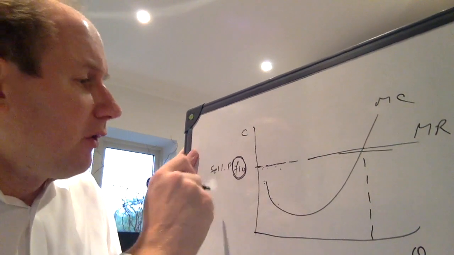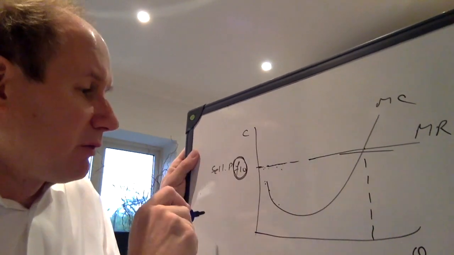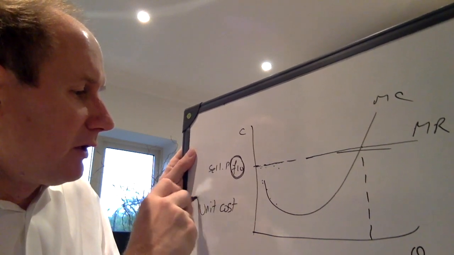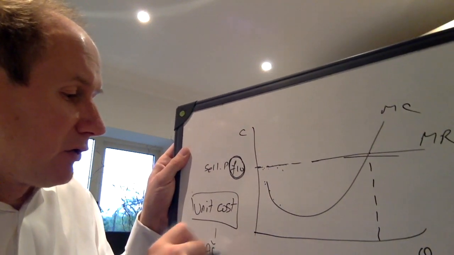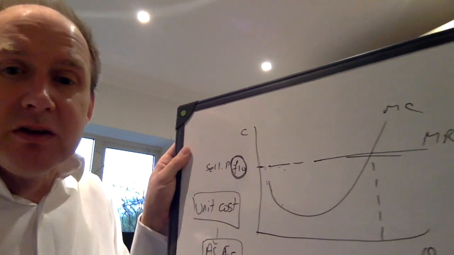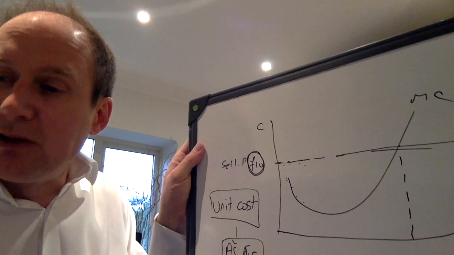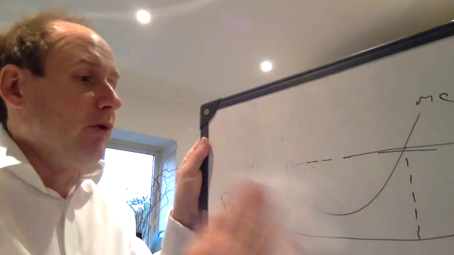We need to know, on average, how much does a unit cost to make? In other words, we need to know the unit cost. And the unit cost is simply the average cost or the average total cost, which are the same thing. So let's get average variable cost then.